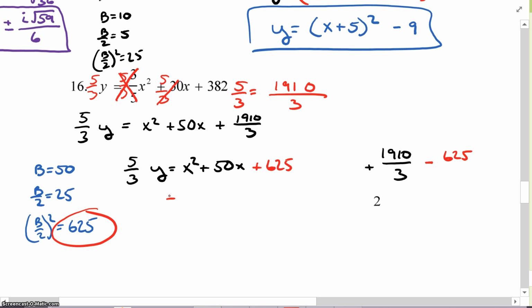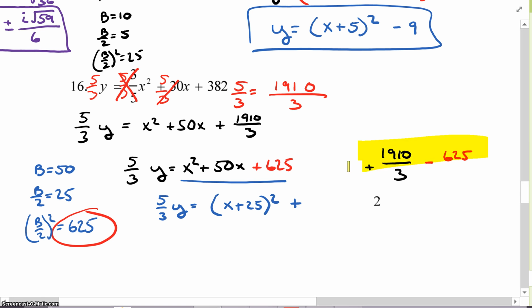Okay, so we're going to get 5 over 3y equals, that's a perfect square trinomial now, so x plus 25 squared plus whatever this highlighted mess over here is. So let's look at it.